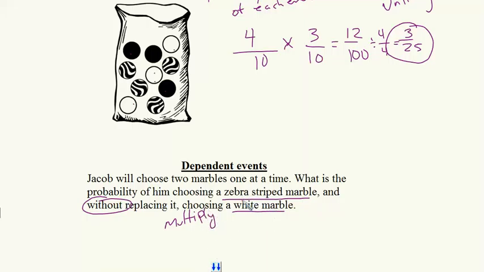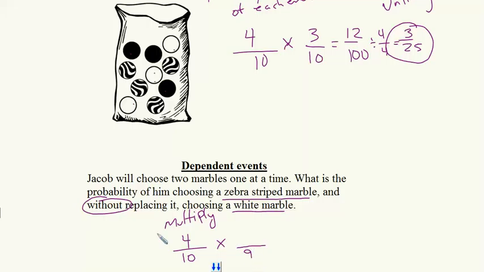So my first event, choosing a zebra striped marble, is 4/10. My second event, since I did not replace the zebra striped marble that I chose, I now only have 9 total marbles in the bag.